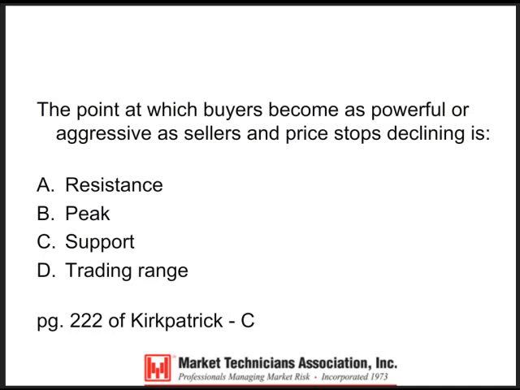When buyers become as aggressive as sellers and price stops declining, that would be support. Opposite, when price is advancing, that would be resistance. Peak and trading range are in there to maybe stump you if you just glanced over the price stops declining part of the statement, so you can eliminate those two.